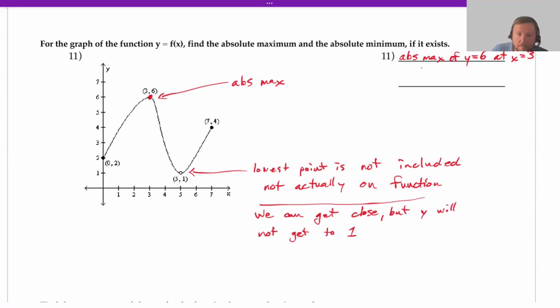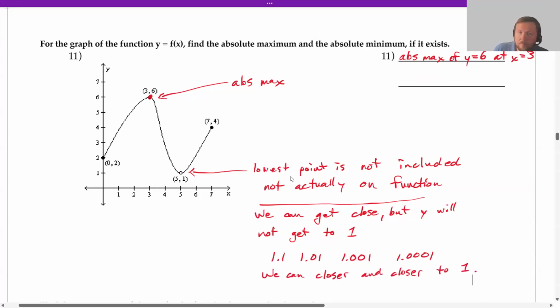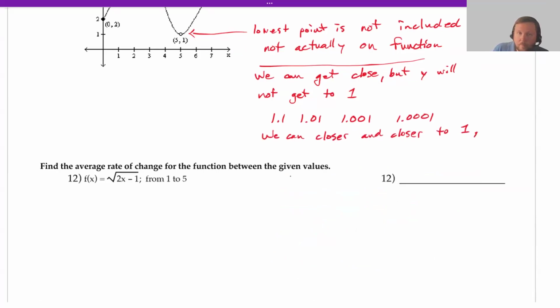What that means is we can get to 1.1, we can get to 1.01, we can get to 1.001. So we can get closer and closer to 1, but we can never reach it.